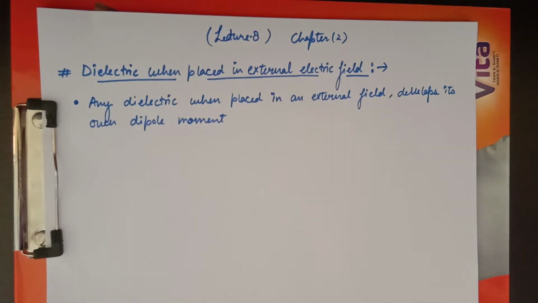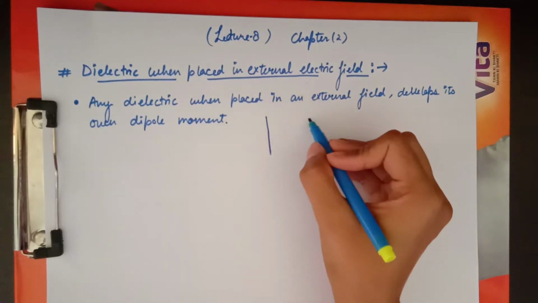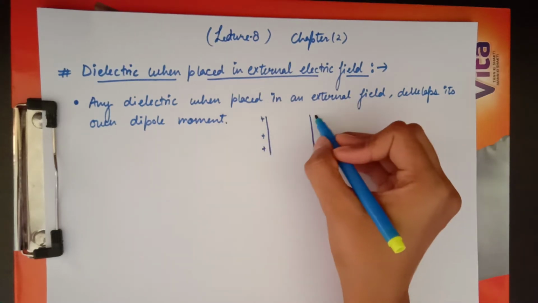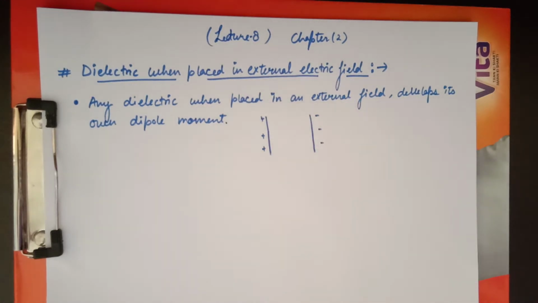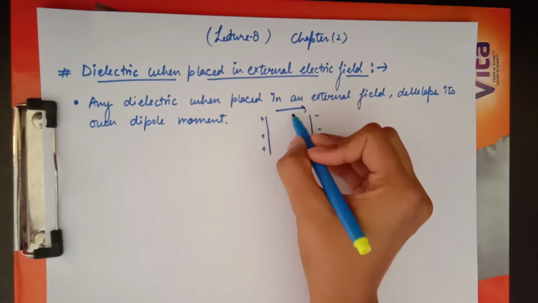First point is, any dielectric when placed in an external field develops its own dipole moment. Means when you put a dielectric in any external electric field, suppose this is your positively charged plate and this is the negatively charged plate, so the direction of electric field will be in this direction.